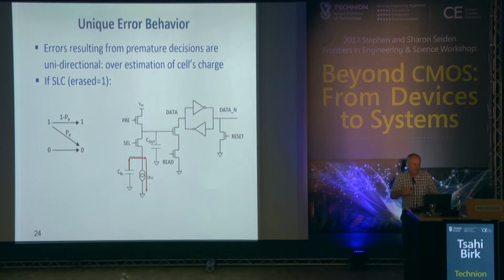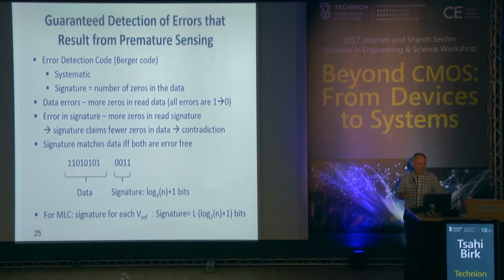So if we speak of charged as a 1 and discharged as a 0, then the only possible error is that a 1, which should have been discharged, appears to us as a 0. And this is the key to the solution.